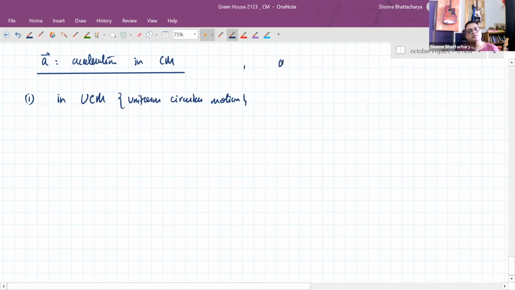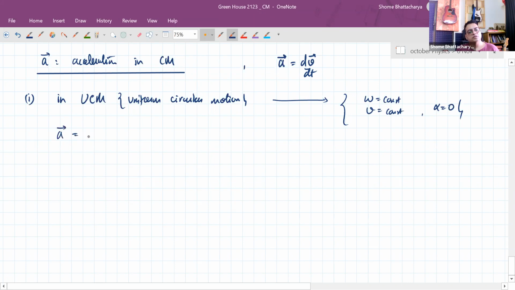So the general definition of acceleration we'll use, but we'll apply it for the specific condition of uniform circular motion. Now remember, uniform circular motion had the condition that omega was constant, v, the speed was constant, alpha was 0. Okay, so we'll apply these conditions here.